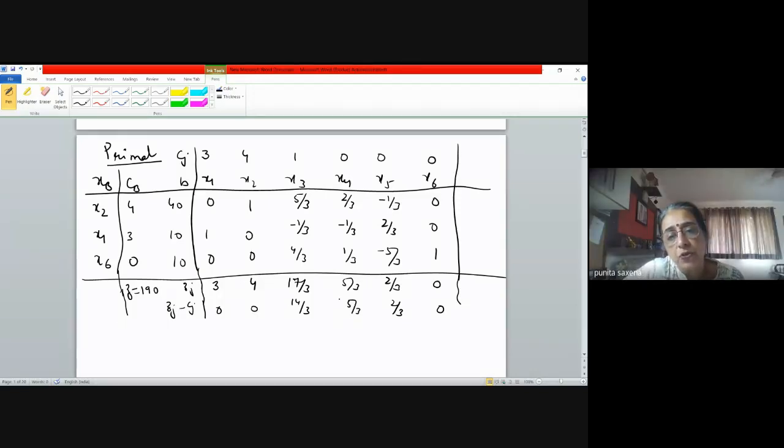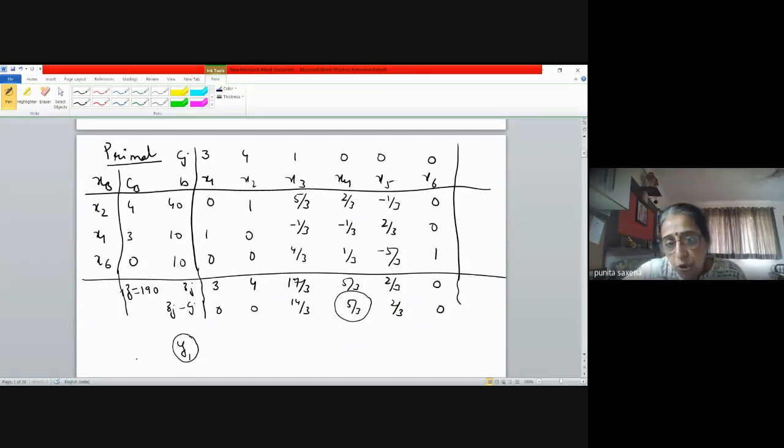And 5/3 corresponds to what? The first slack variable. See, look at this way. What was your Y1? Y1 was the first dual variable, right? And a dual variable corresponds to what? The constraints in the primal, right? So that means whatever we are getting for the first dual is basically our information for the first constraint of the primal, right?